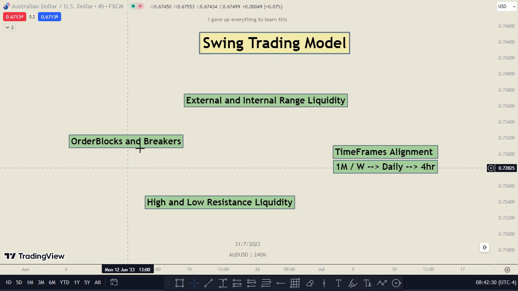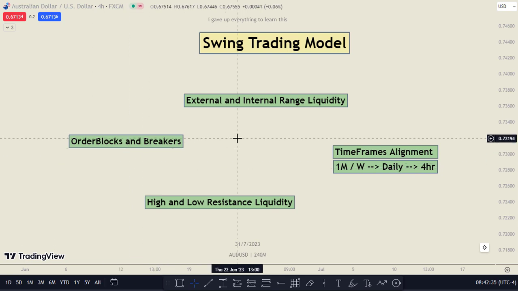Next thing, we're going to need time frames alignment, meaning we have 3 or 4 time frames and all of them must point to the same direction. We're going to need the monthly or the weekly to frame our buys. So are we going to take long positions or short positions only? If the monthly or the weekly is bullish, then we're going to take only long positions.